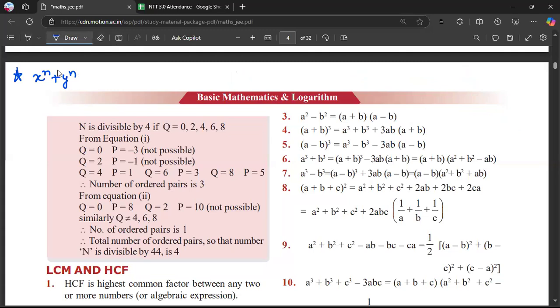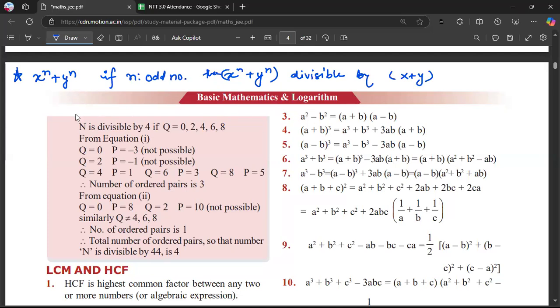Whenever there is something like x raised to power n plus y raised to power n, and if n is given as an odd natural number, then this x^n plus y^n will be divisible by x plus y.